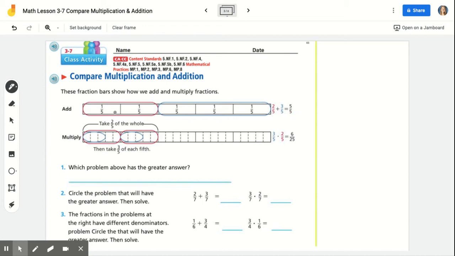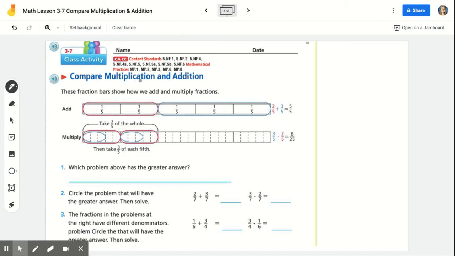So let's look at the addition fraction bar first. So 2/5 plus 3/5, what they did is they took a fraction bar. Remember, this fraction bar is equal to 1 whole. I see that there's 5 unit fractions, and each of the unit fractions is labeled 1/5. So I have 1/5, 1/5, 1/5, 1/5, 1/5, and again, equal to 1 whole.